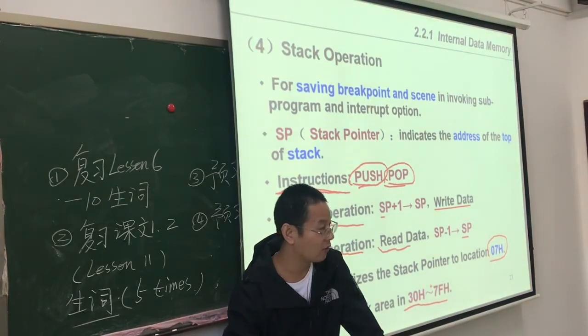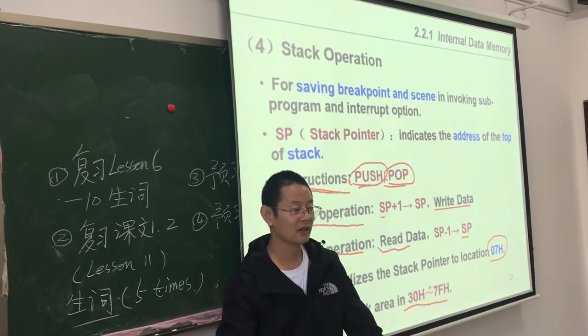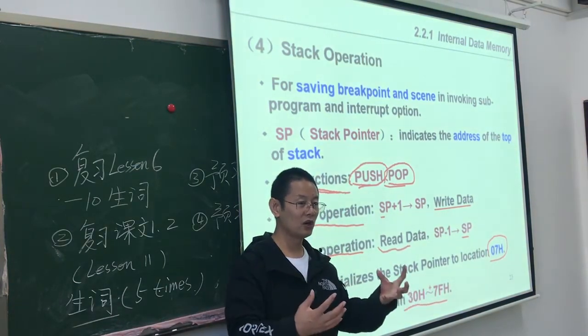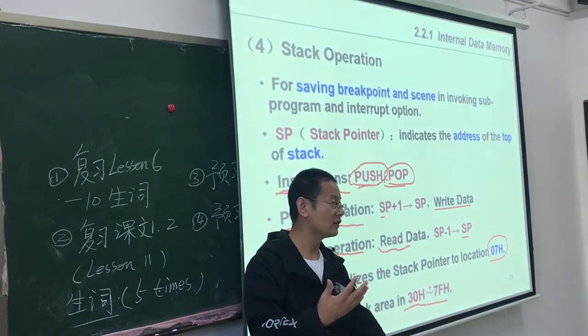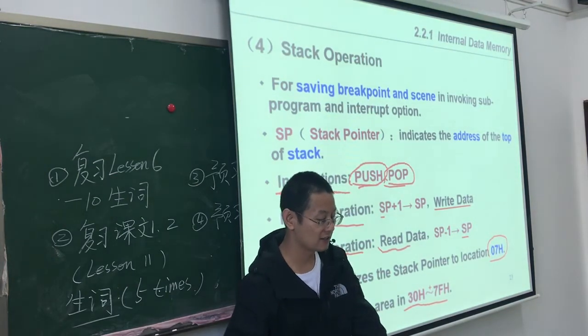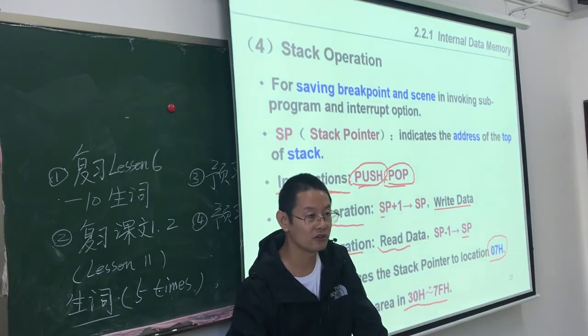Any one is okay. But you need to leave enough space for the stack operation.